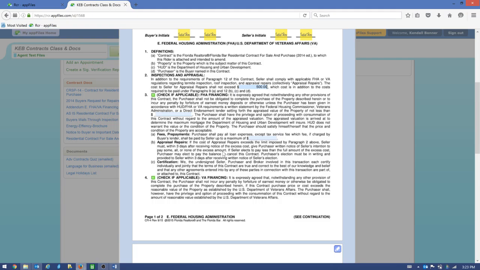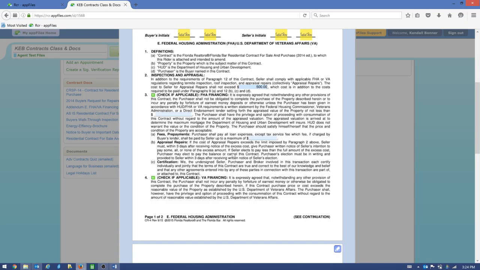So they're obviously obligated to $500. So let's use an example. Let's say the repair is $750. Okay, the seller now can pay just $500. They can pay $750, or they can say, hey, we'll pay $675. You pay the difference, buyer.